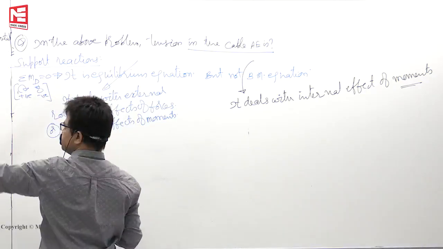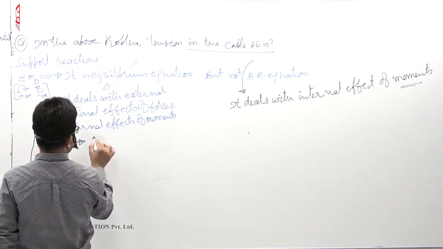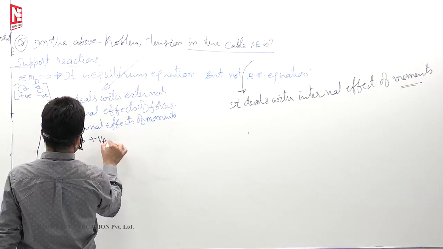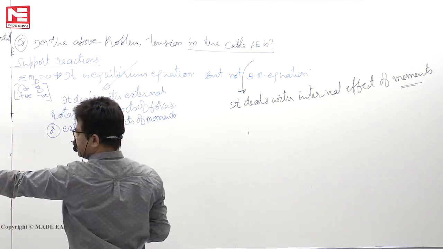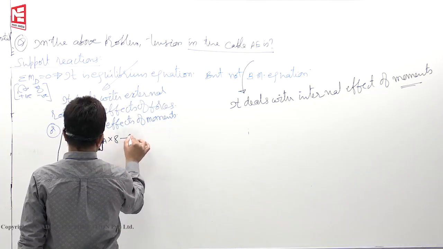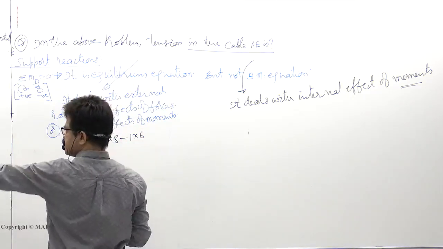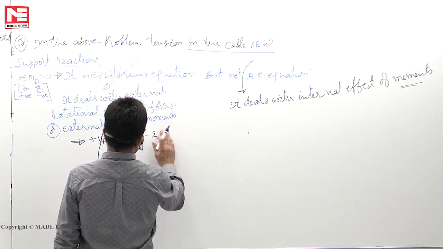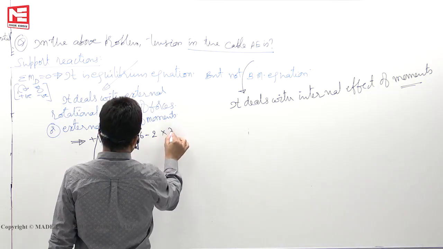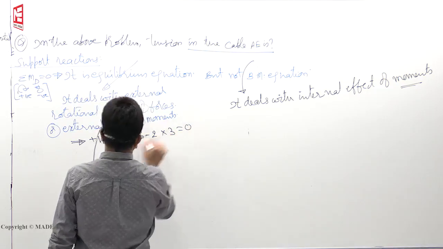So, when you take sigma M about A equal to 0: plus VA into 8, minus 1 kilonewton acting at a distance of 6 meters, 1 into 6, minus weight 2 kilonewton into 3, must be 0.